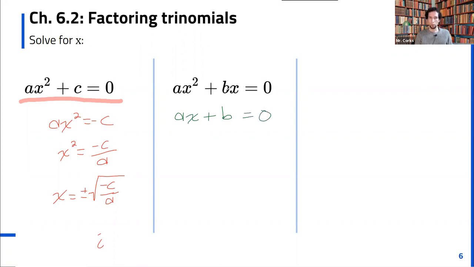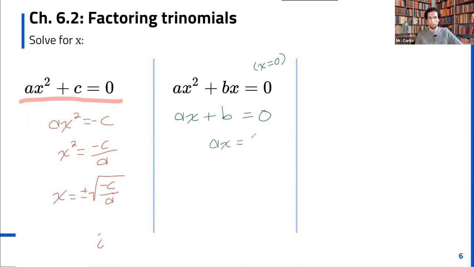And just note, by the way, x could be equal to 0. That's one of the solutions. If x is 0, both the terms are 0, so that works out. And then x equals negative b divided by a.